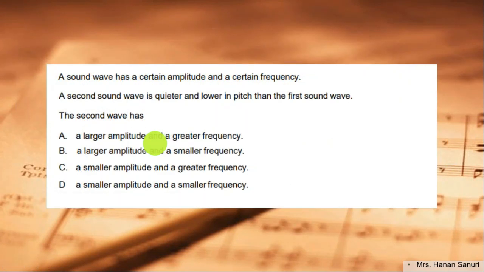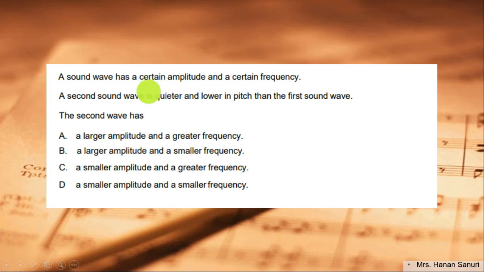The second question. A sound wave has a certain amplitude and a certain frequency. This is wave number 1. A second sound wave is quieter and lower in pitch than the first sound wave. Before I look at the answers, I want you to think with me. The second wave is quieter. We said loudness depends on amplitude.